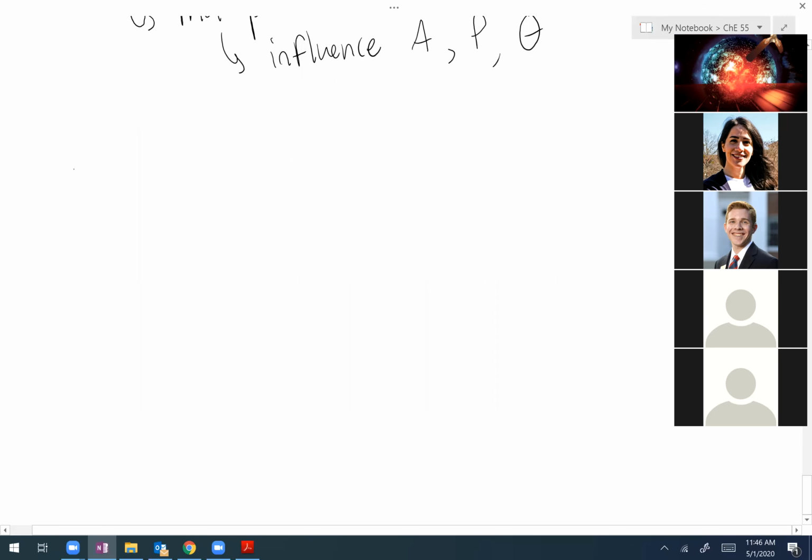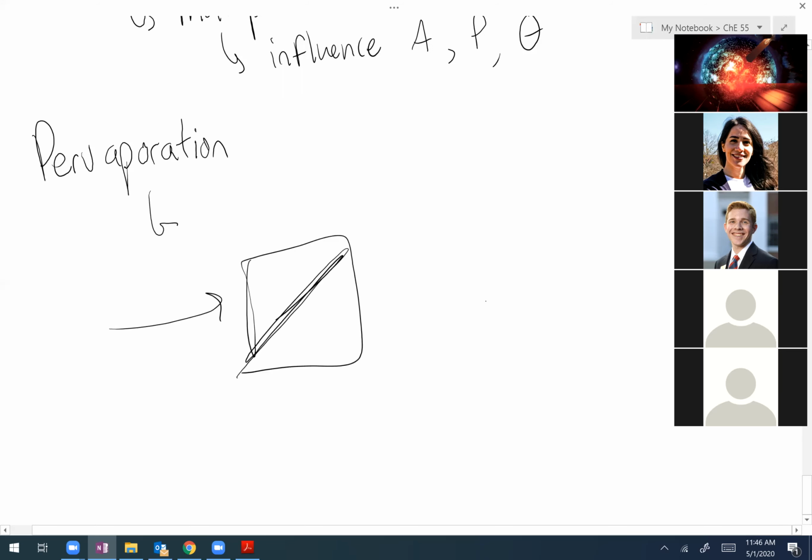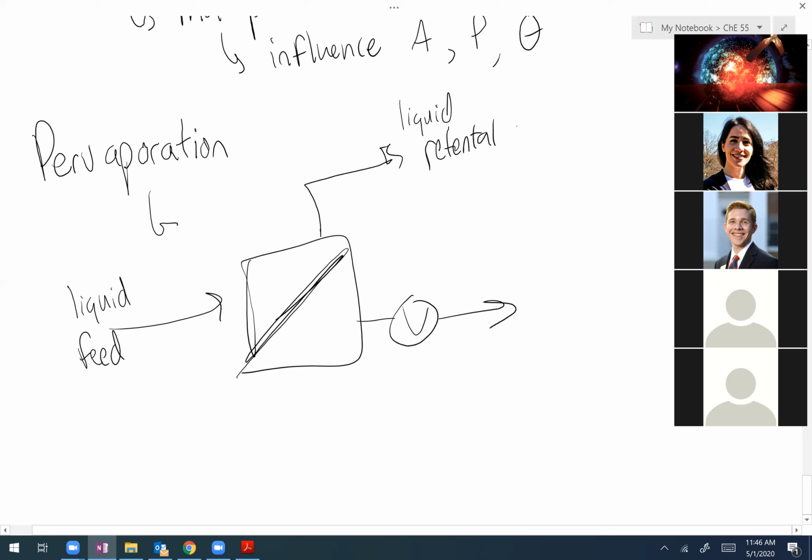The next section, I'm just going in the order of the book, was pervaporation. All right, so we're looking at our system. This is where it gets a little hairier because we've got our liquid feed, our liquid retentate, and our vapor permeate.